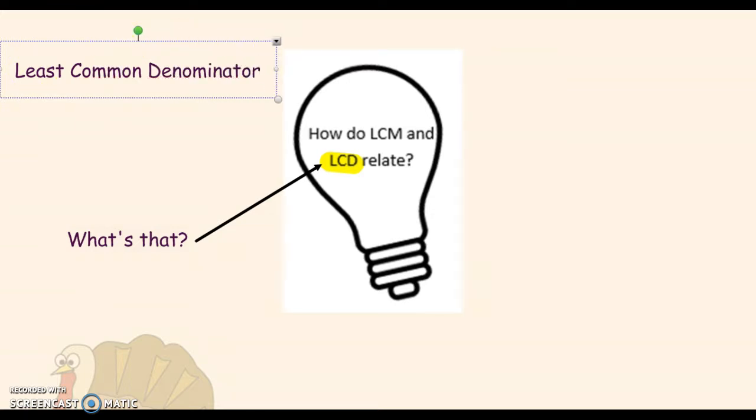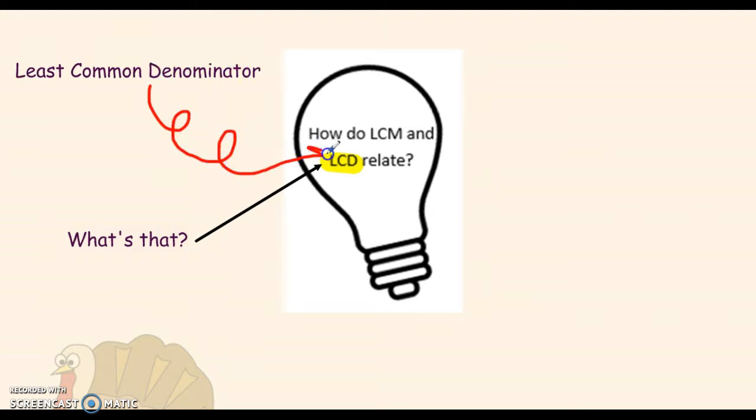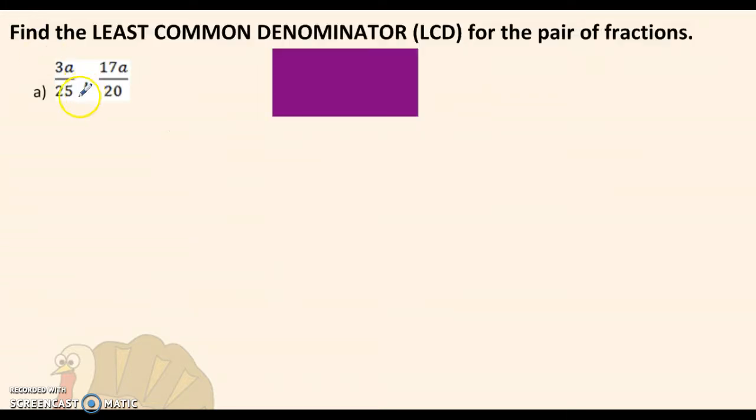And that least common denominator is important if we are going to be adding and subtracting fractions, but it also is important if we are going to compare them. So that least common multiple and the least common denominator are really asking us to do the same thing, whether it's a number or if it's a monomial that goes with it.